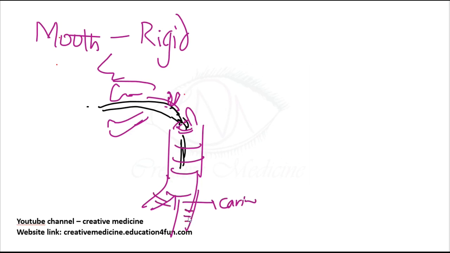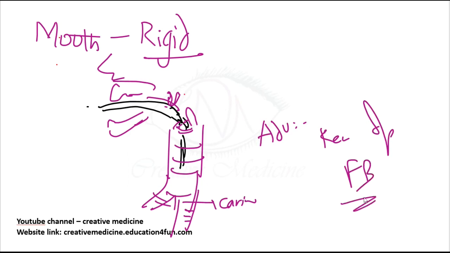You can visualize up to the segmental bronchi. So uvula, epiglottis, vocal cords, tracheal rings, carina and segmental bronchi are visualized under rigid bronchoscopy. The main advantage of rigid bronchoscopy is that removal of a foreign body is done easily.